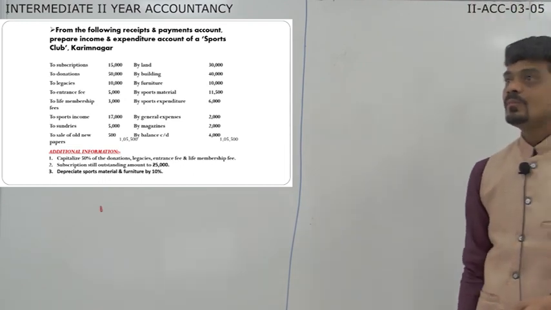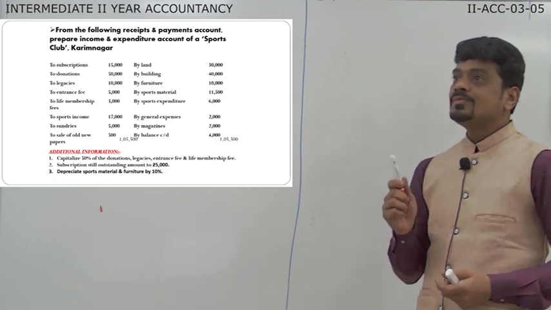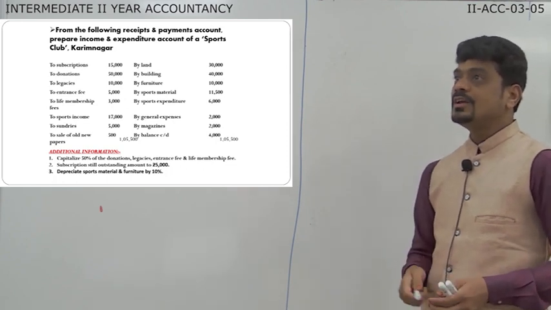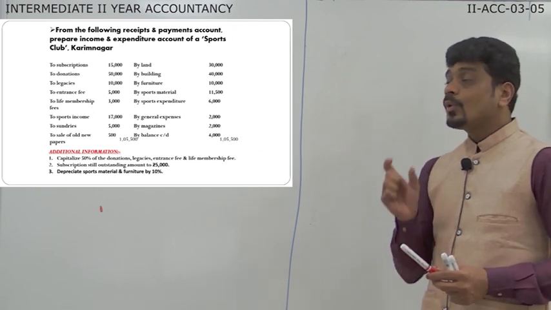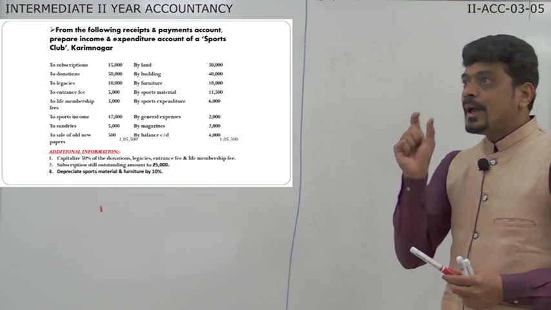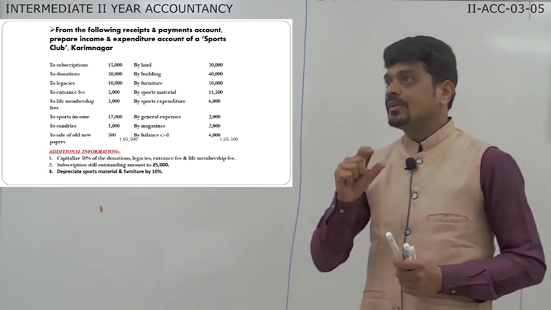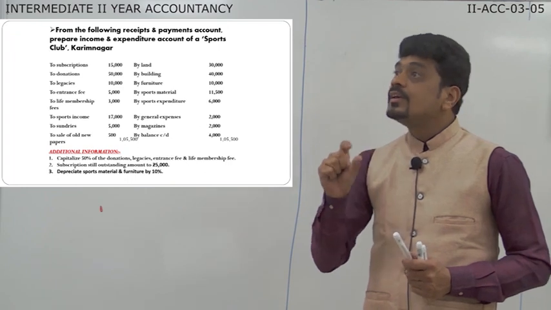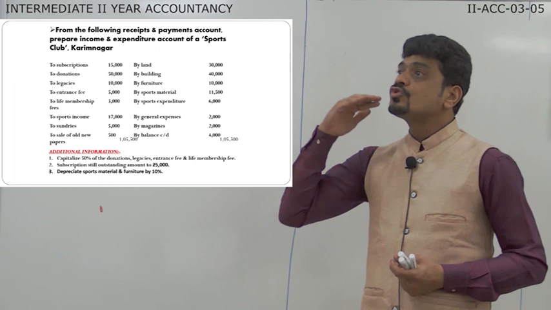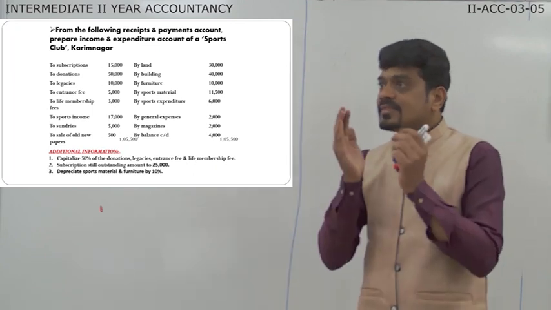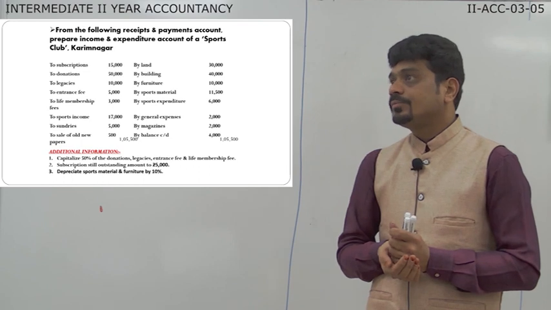First adjustment, they said capitalize 50% of donation, legacy, entrance fee, life membership fee. What do you mean by capitalize? Some part of the donation, legacy, entrance fee and life membership fee they want to show as income, and some part as capital fund.